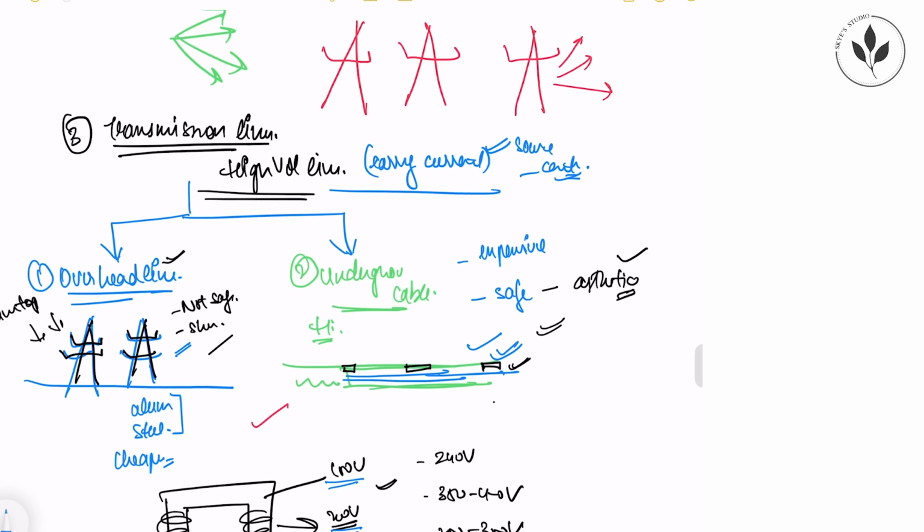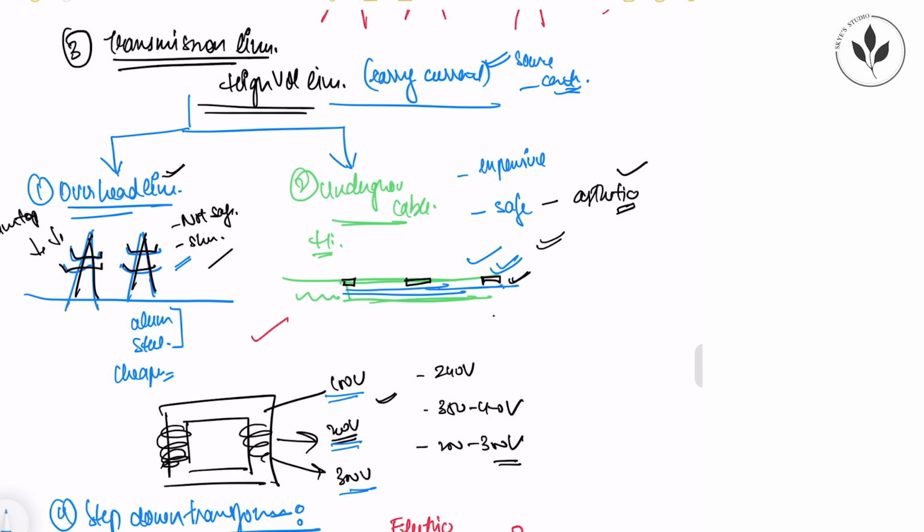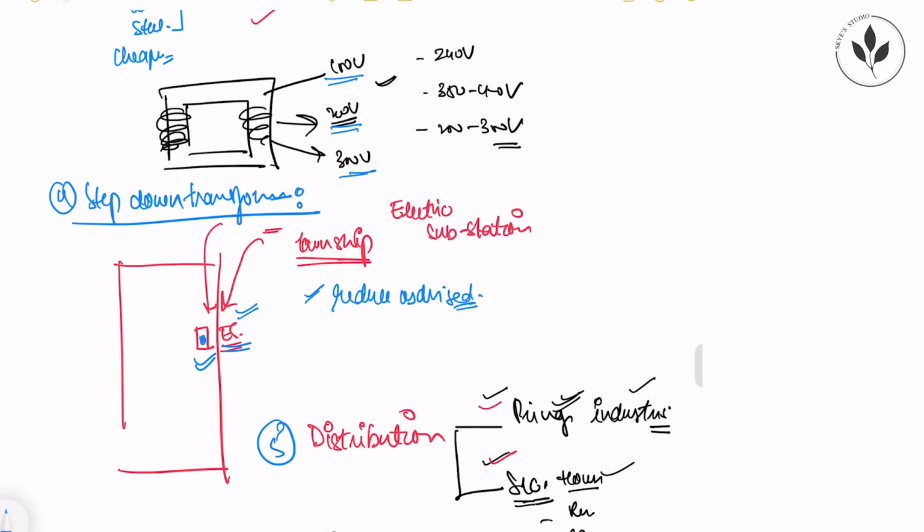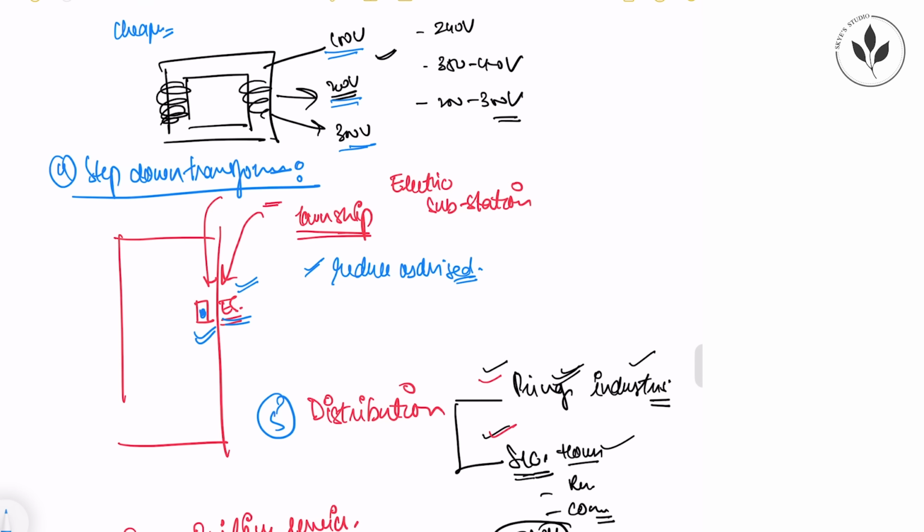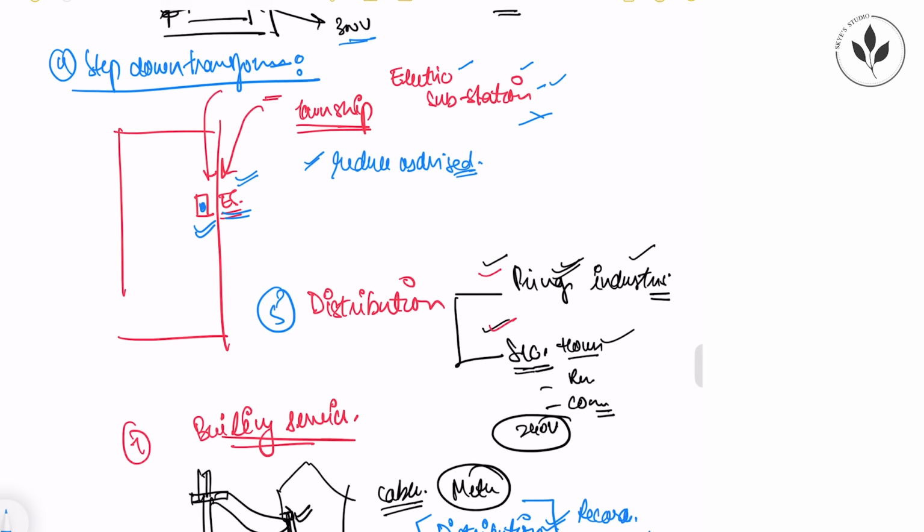The transmission lines carry the current to your step down transformer, and the step down transformer is installed in your local electrical substation. Now this electrical substation is different for houses, different for industries, and different for commercial areas, because the voltage of electricity that we require in a particular building will be set down to a particular value in this electrical substation only.